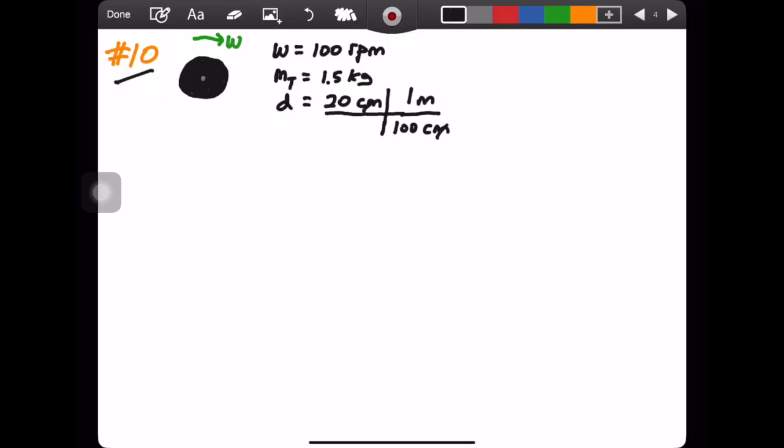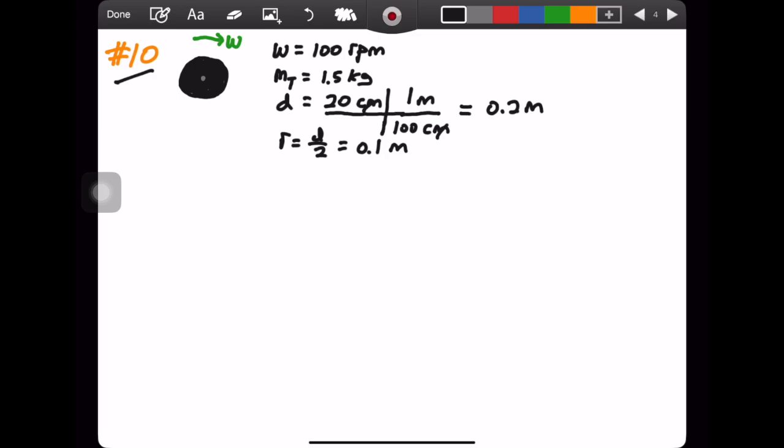Now the centimeters cancel, and so I multiply my columns, so I have 20 by 1 divided by 100. So 20 divided by 100, I have to move the decimal point to the left 2 places. So instead of 20, it would be equal to 0.2 meters. That's the diameter, which is to say that the radius, half of the diameter, is equal to 0.1 meters.